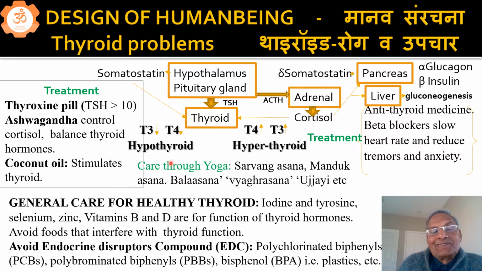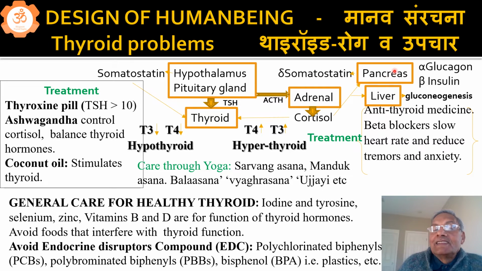We were discussing why there is so much variation in types of thyroid. That is because of so many factors. One is somatostatin. In the previous video also we have discussed somatostatin. It is released by the hypothalamus.